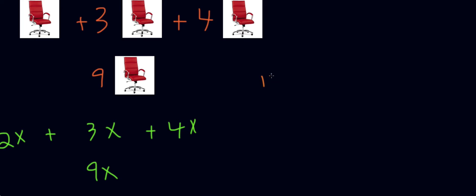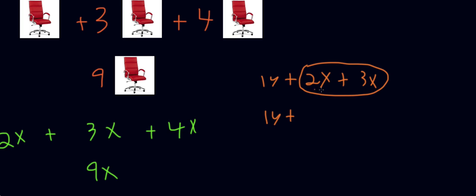So we can have 1y plus 2x plus 3x. Now we can think of the x's as the office chairs and the y's as something else. Well, we can in this case think of it as almonds. So the way we rewrite this is 1y plus, we will combine these two because they're the same item, so we can simplify that as 5x. So in the next video we'll get a little bit more intuition and more practice on combining like terms.